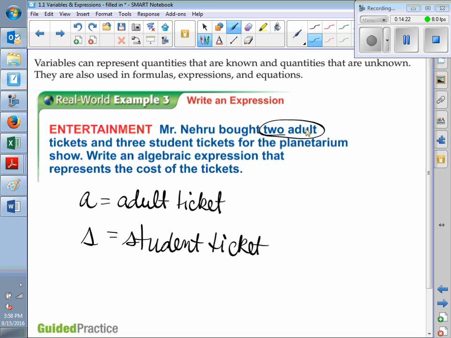And how many student tickets did he buy? He bought 3 student tickets. So, using these variables, what will my algebraic expression be? 2A plus 3x. 2A plus 3x. Is everybody clear? All right.